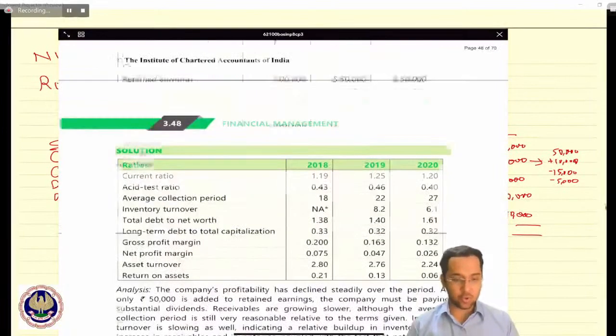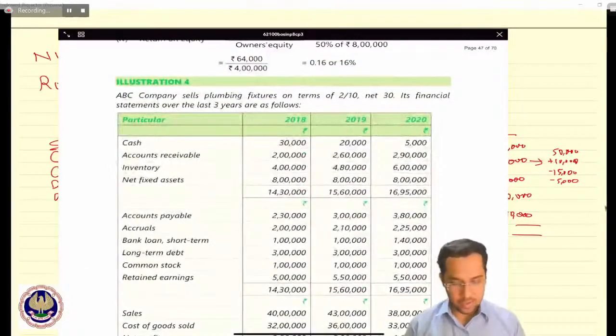Like current ratio, you will find current ratio is simply current asset divided by current liability.